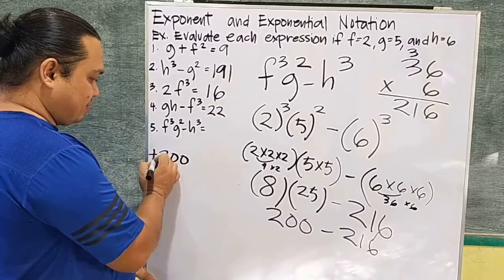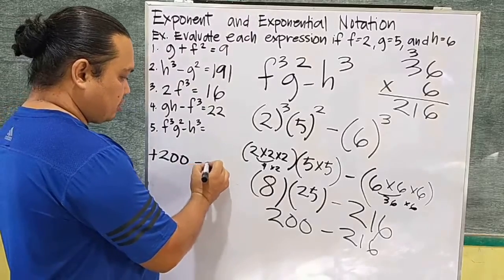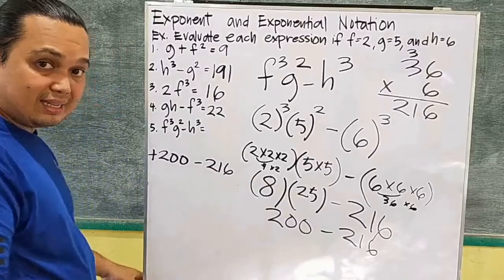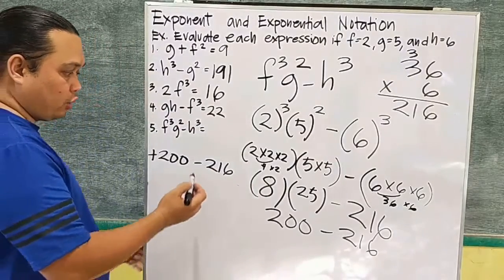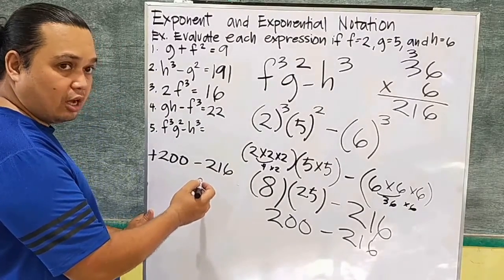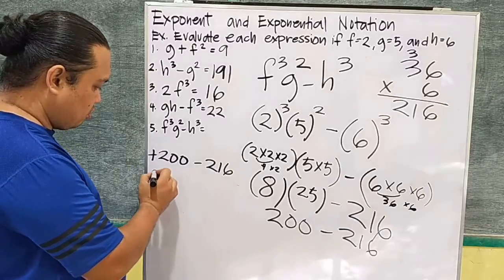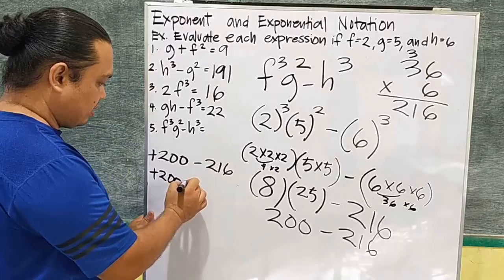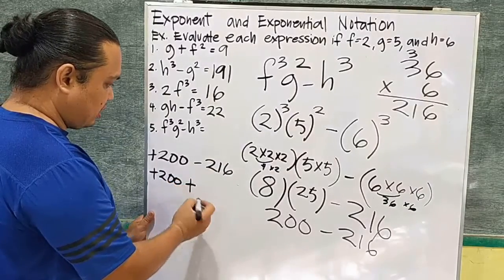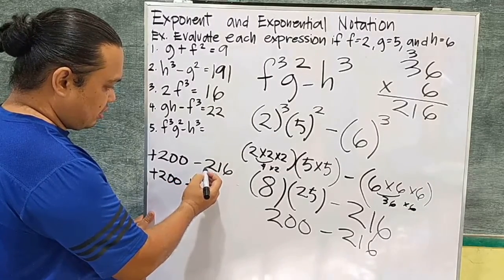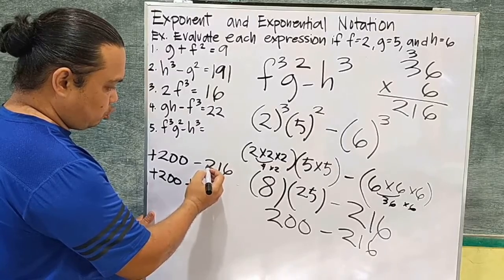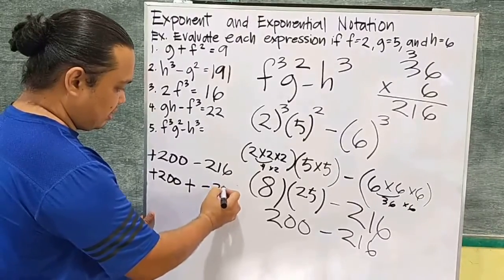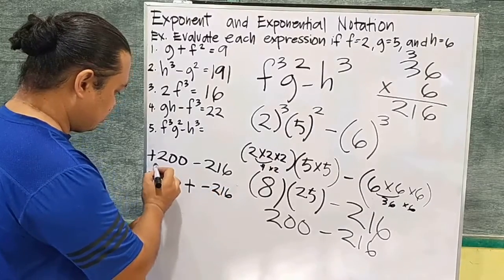Positive 200 minus 216. To subtract numbers, we add the opposite. So positive 200 plus, the positive 216 here will become negative 216.